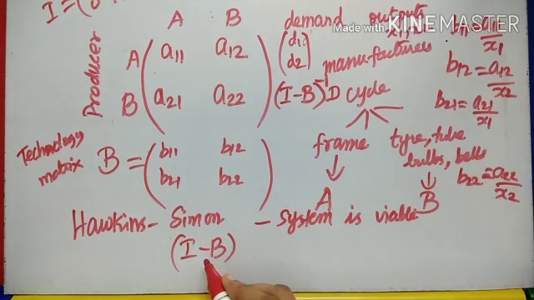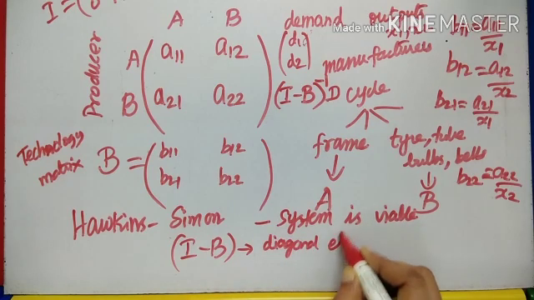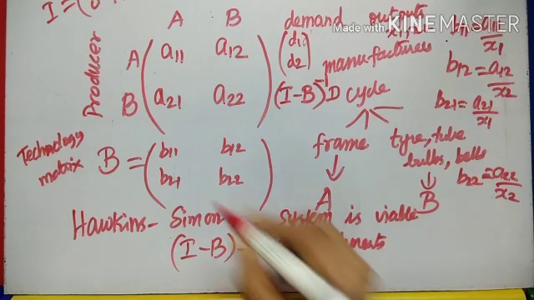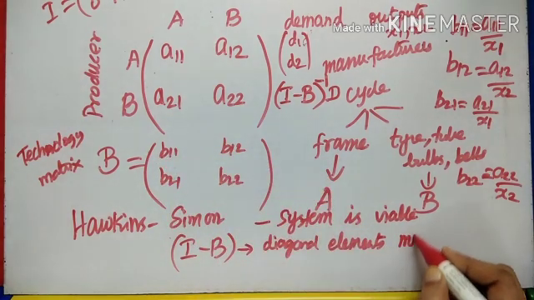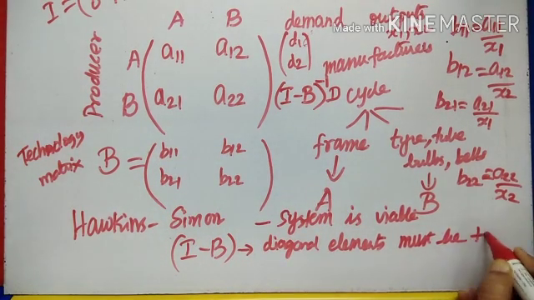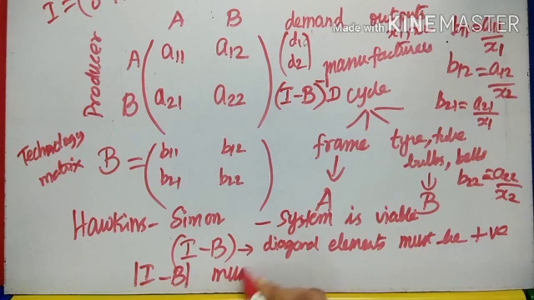So in I minus B, diagonal elements must be positive. So first condition, diagonal, I have to check like this in I minus B. Diagonal elements must be positive and determinant of I minus B must be positive. So two things laid by Hawkins and Simon for the system to be viable.